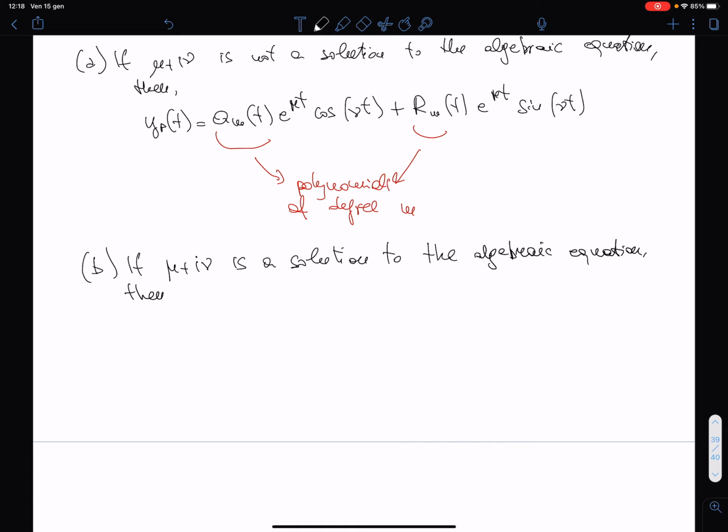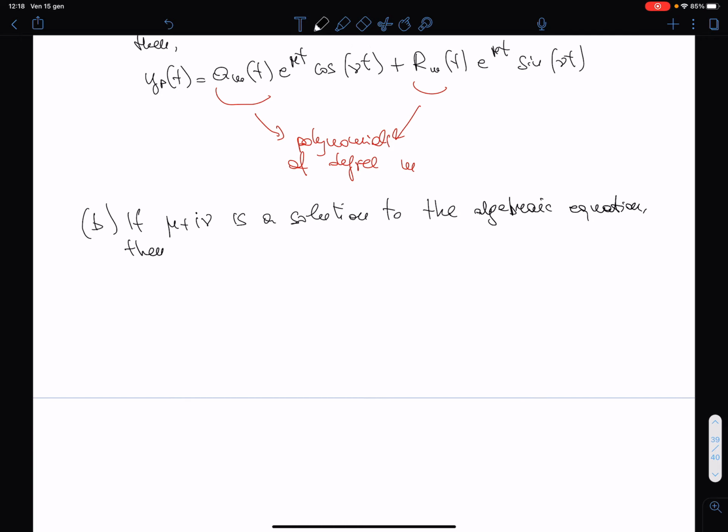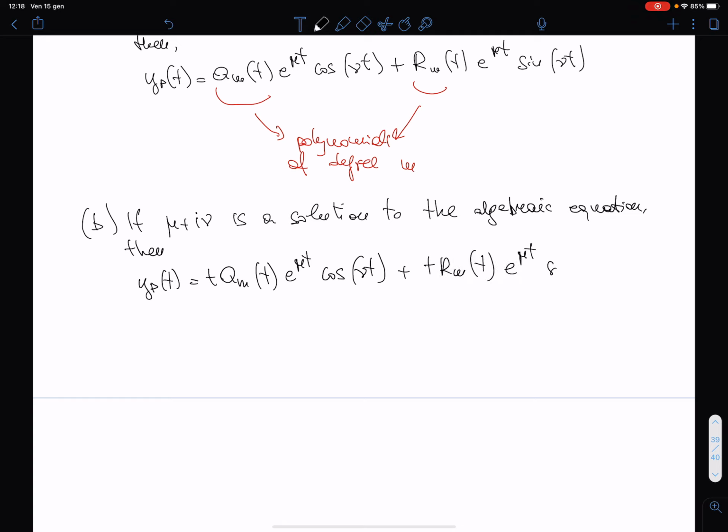Then yp of t is equal to t qm of t e to the mu t cosine of nu t plus t rm of t e to the mu t sine nu t. And again q and r are polynomials of degree m. And this is all.